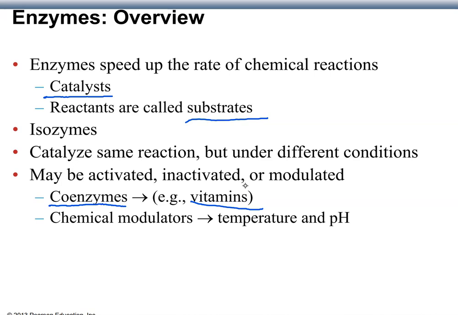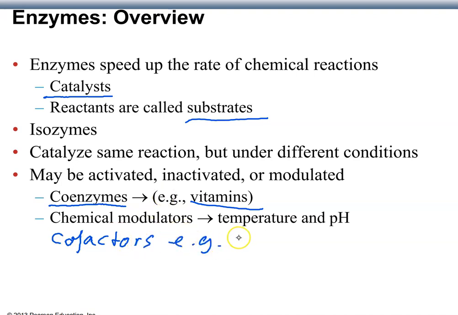Then we also have cofactors. So listed here are cofactors. They're inorganic molecules such as an iron molecule or a zinc, or the ones that you typically find on your supplement bottles as minerals. So that would be cofactors. Let me add this right here, cofactors.